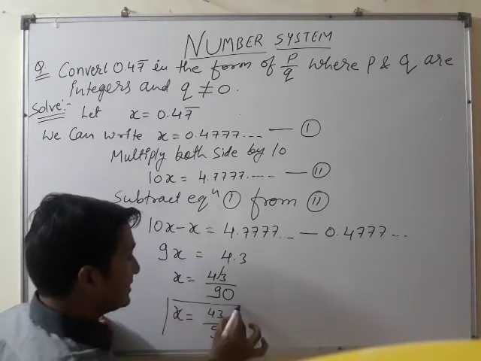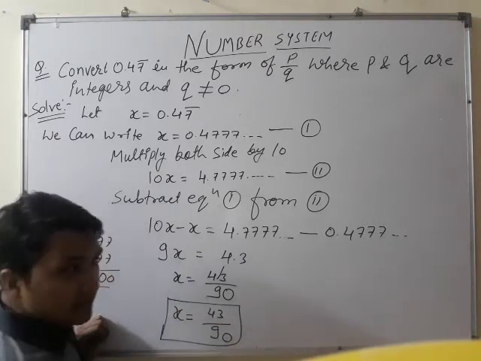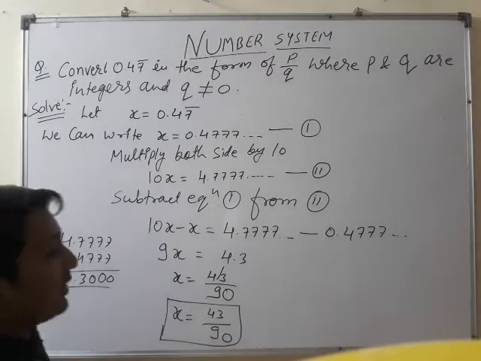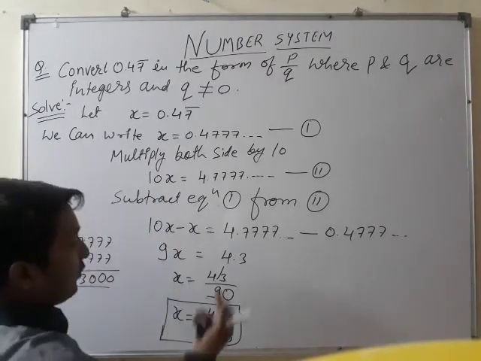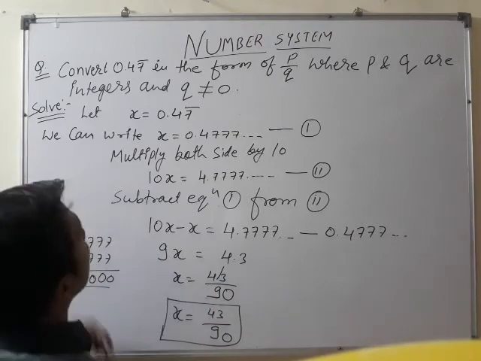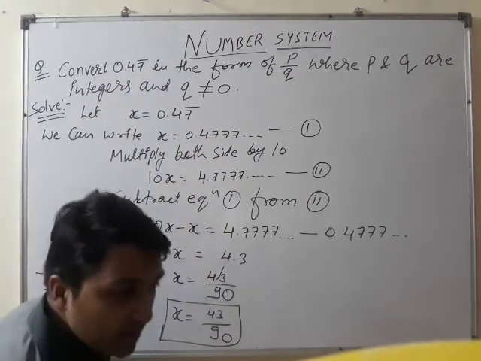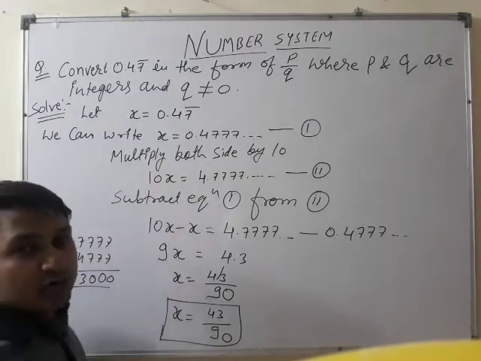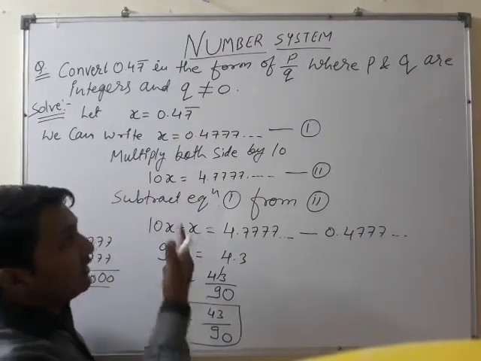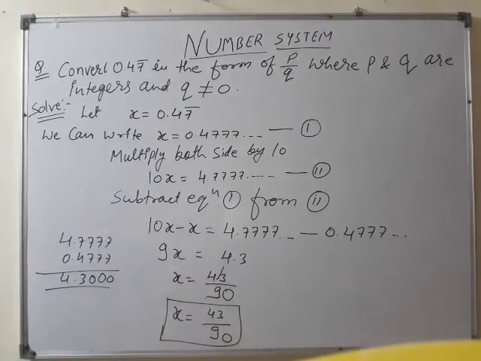So this is our answer. Is it clear? We have converted 0.47 bar into the form of p upon q, or a rational number. So the second question is also complete. Is it clear? Note down.